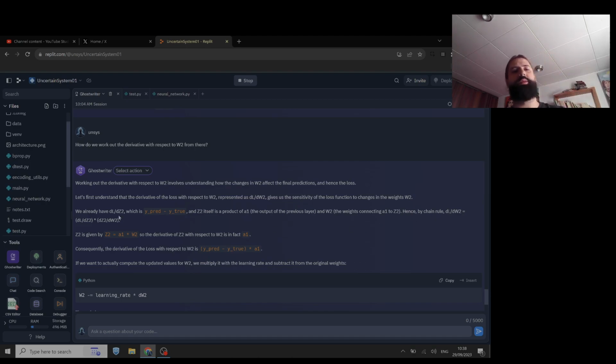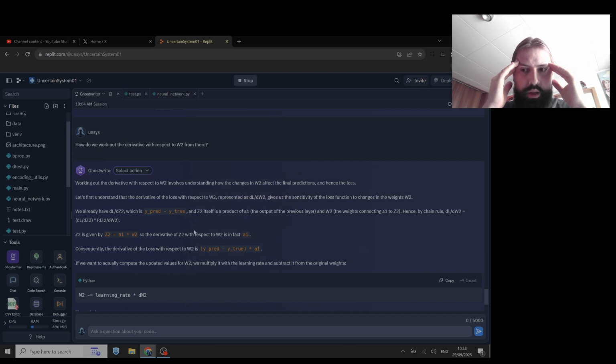So this is a derivative of Z2, right? So we're now trying to get the derivative with respect to W2. And here what they're claiming is that this is the derivative by the chain rule, right?